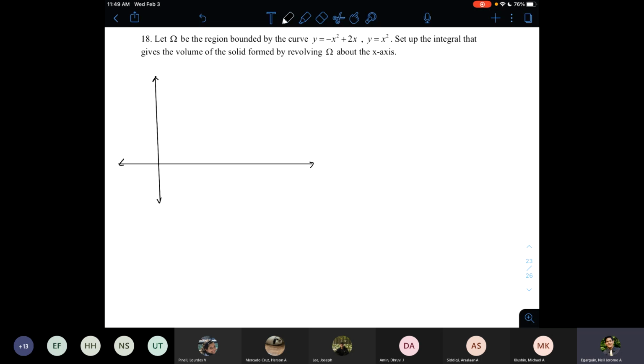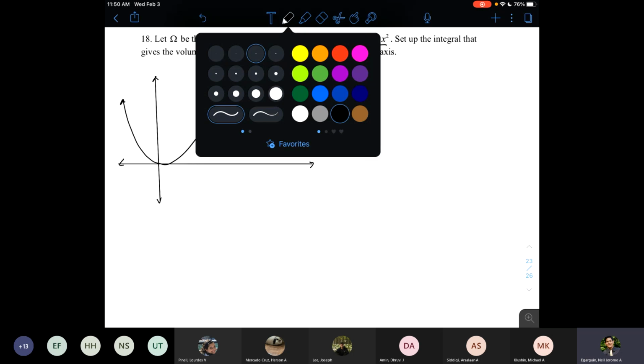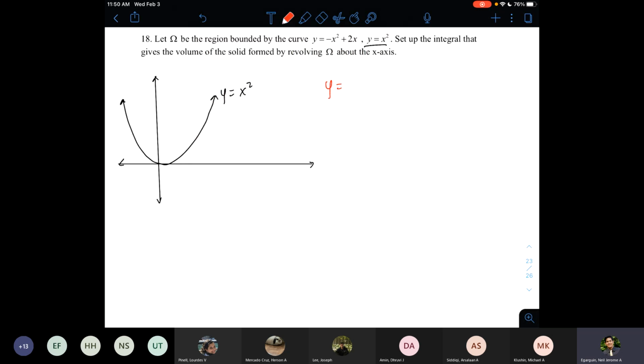Let me start with the easier one, y equals x squared. So that is just this parabola. The other parabola is y equals negative x squared plus 2x. The vertex, again, is at x equals negative b over 2a. B is the coefficient of x, so that's 2.